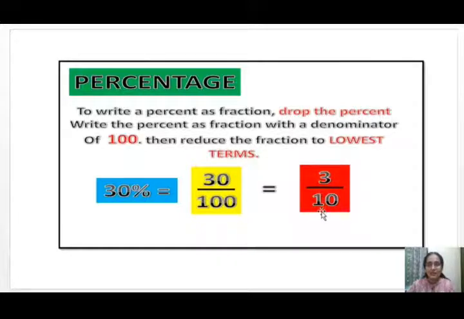It is 3 by 10. That's how you have to convert percent to fraction. Let me repeat once again. Write the percent given in terms of fraction. That is, instead of the percent sign, you have to write the denominator as 100. After getting the fraction with the denominator 100, you know to reduce the fraction. Reduce to the lowest term, get the fraction.